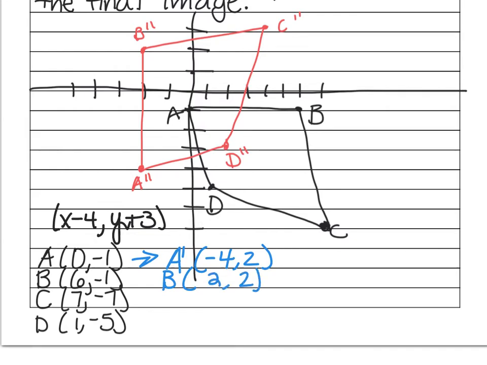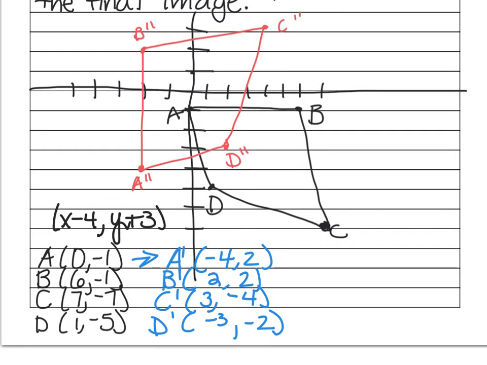And again, for the 6, I'm subtracting 4, and for the negative 1, I'm adding 3. My C prime is going to be 3, negative 4. And my D prime is going to be negative 3, negative 2. So that's the first transformation, and we translated it.